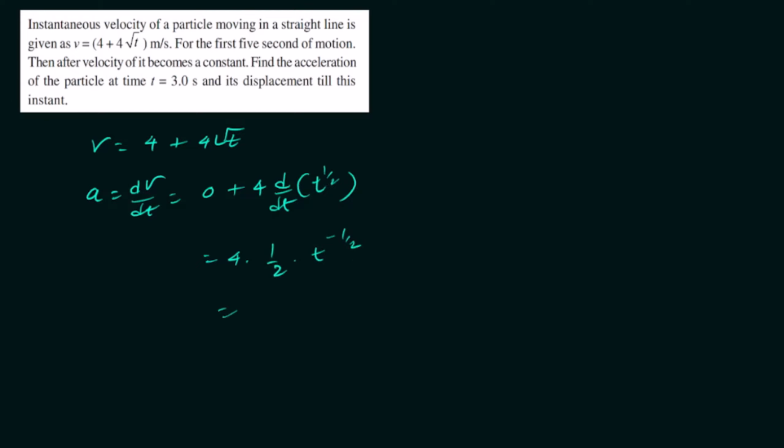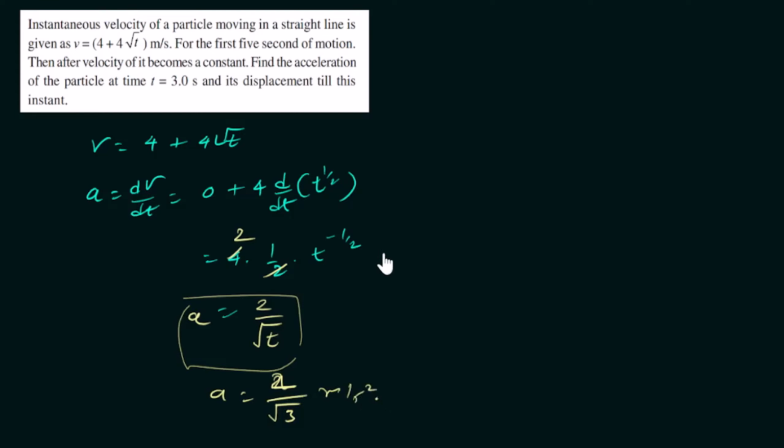So this will be 2 divided by square root of t. This is acceleration. So basically the formula of acceleration is 2 divided by square root of t. So acceleration at 3 seconds will be 2 divided by square root of 3 meter per second square.